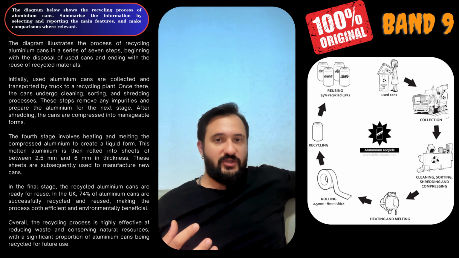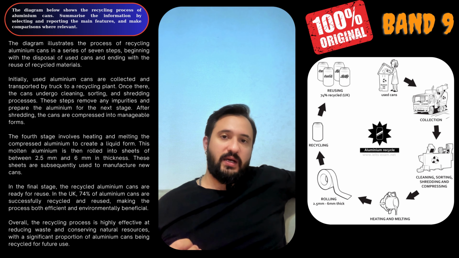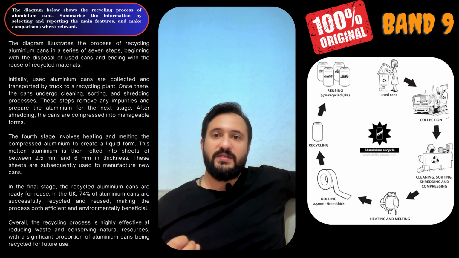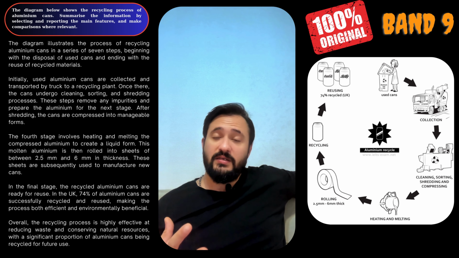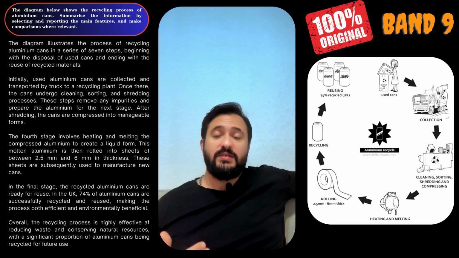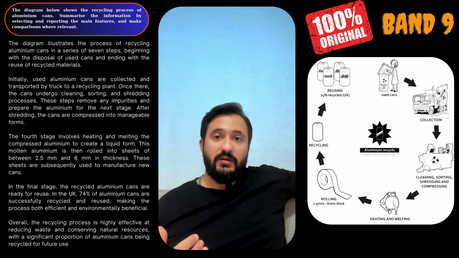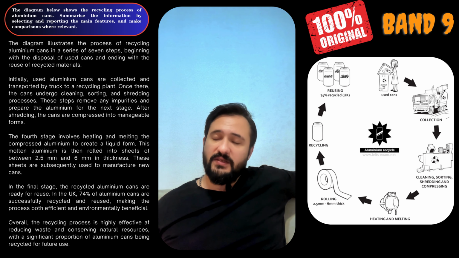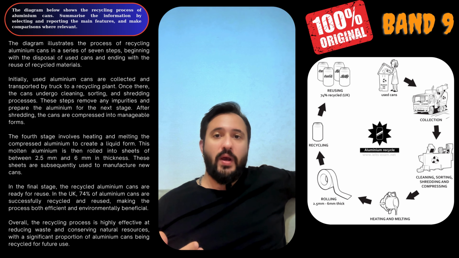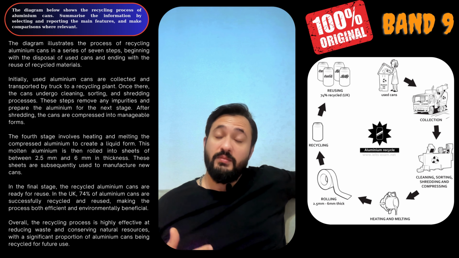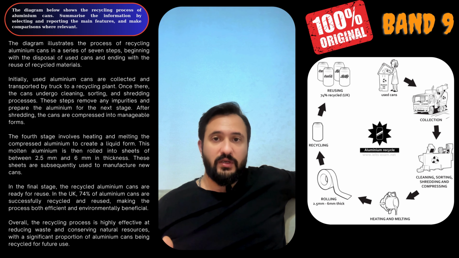In the final stage, the recycled aluminum cans are ready for reuse. In the United Kingdom, 74% of aluminum cans are successfully recycled and reused, making the process both efficient and environmentally beneficial. Overall, the recycling process is highly effective and reducing waste and conserving natural resources, with a significant proportion of aluminum cans being recycled for future use.